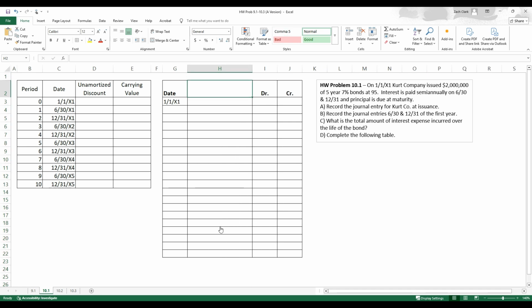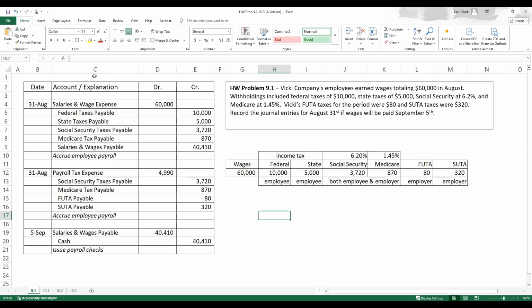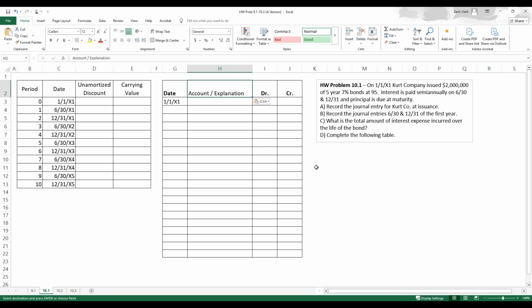Sorry, bear with me for one moment. Okay, just a little cleanup here. You won't need to do this when you get your version of the template, as long as you're downloading that after I've completed the video here.